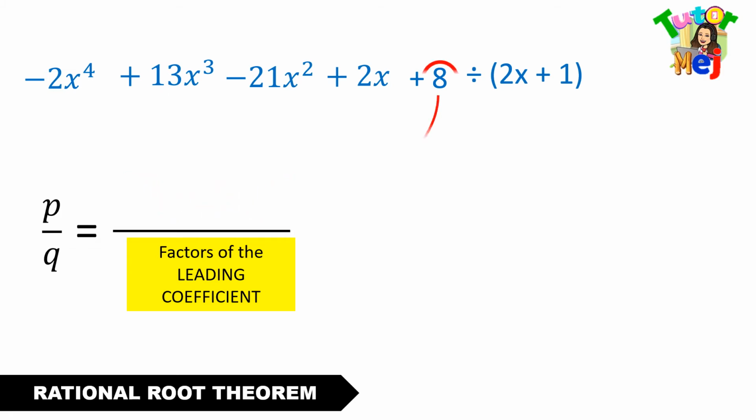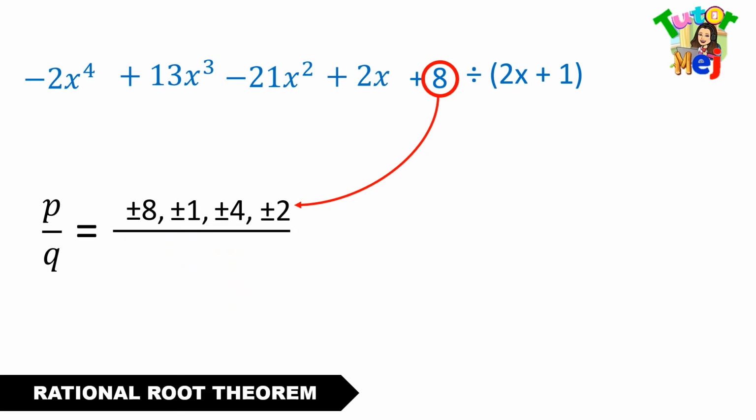So we are going to factor out positive 8. We have plus minus 8 and plus minus 1. We also have plus minus 4 and plus minus 2. And the factors of our negative 2 will be plus minus 1 and plus minus 2.